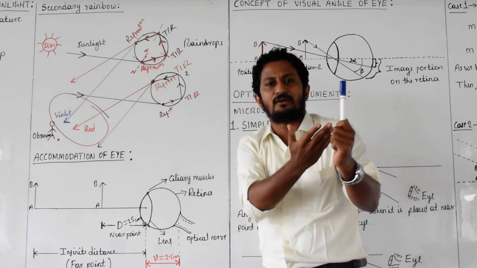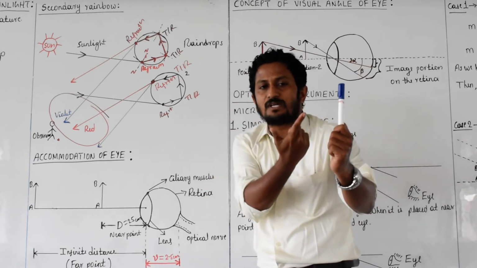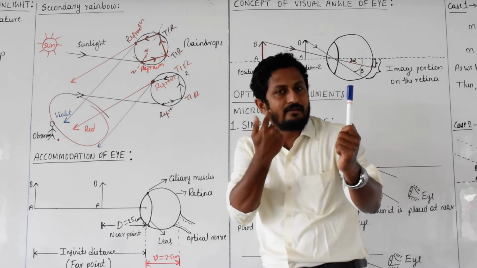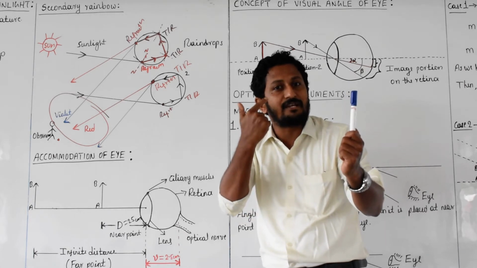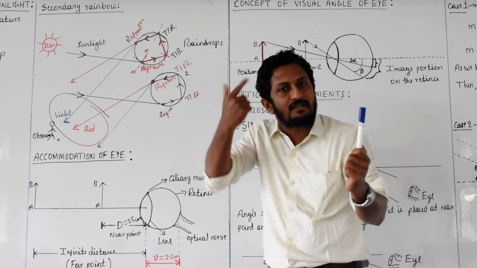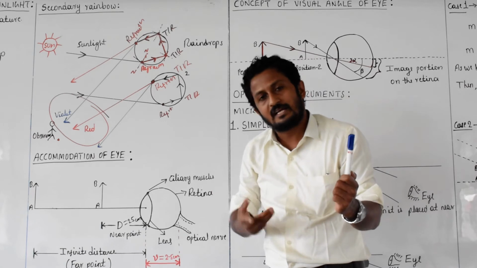Sunlight falls on the marker, the marker absorbs and re-emits. Those re-emitted light rays enter our eye. Firstly they enter the eye lens, and there they undergo refraction.